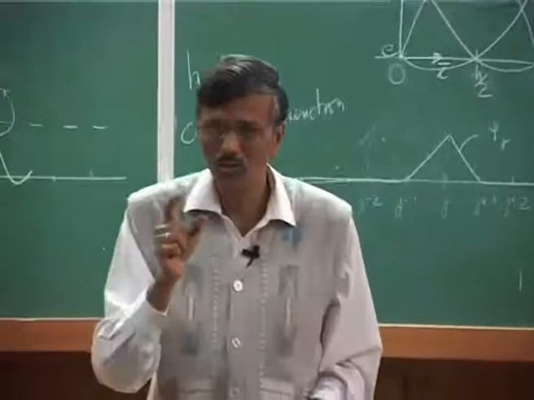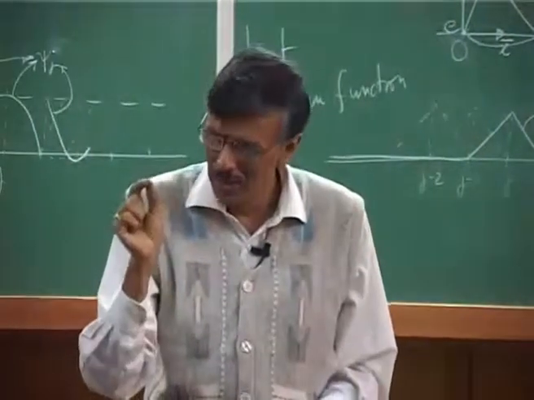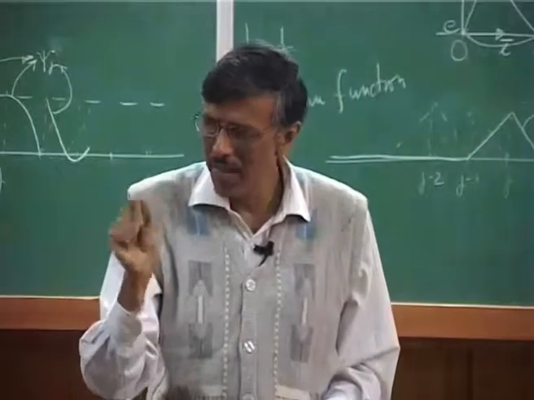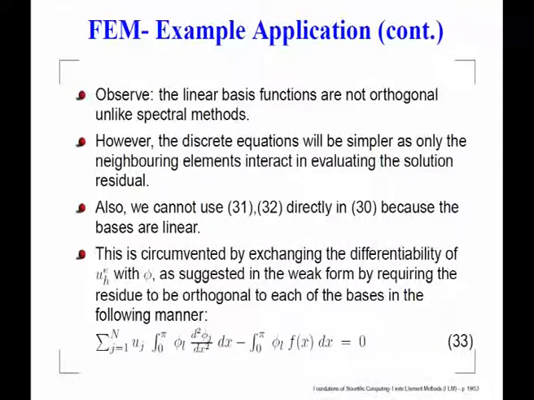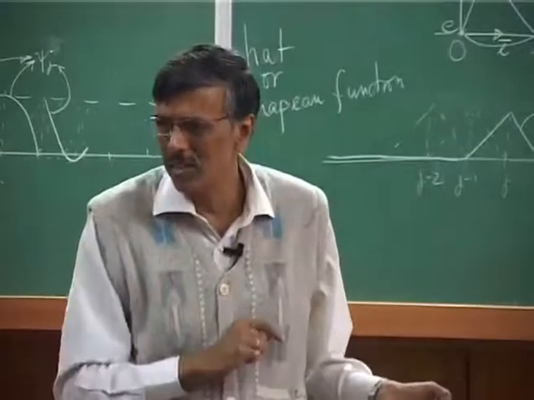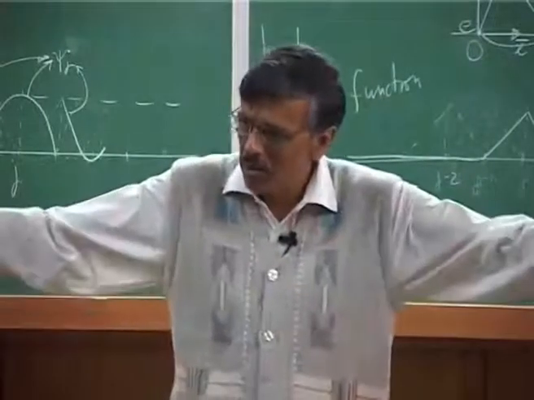So we have the differential equation, and we multiply it with the basis functions. The basis functions are the phi's. So what we are going to do is multiply by, let us say, an Lth basis function, phi of L, and then integrate over the whole domain.